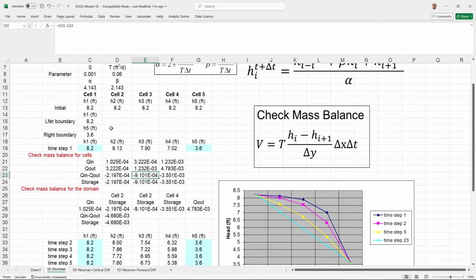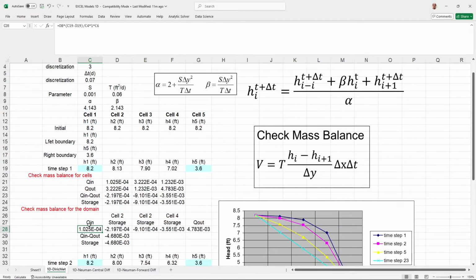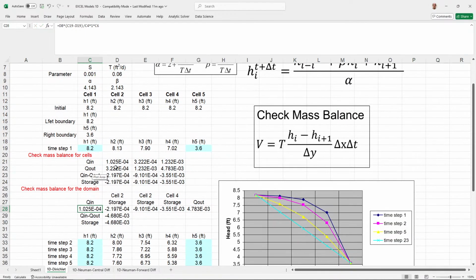This is the mass balance. You can see here, this is Q in for this cell, and that's the Q in here for this cell. You can calculate the storage for this cell, the storage for this cell, and the storage for this cell.